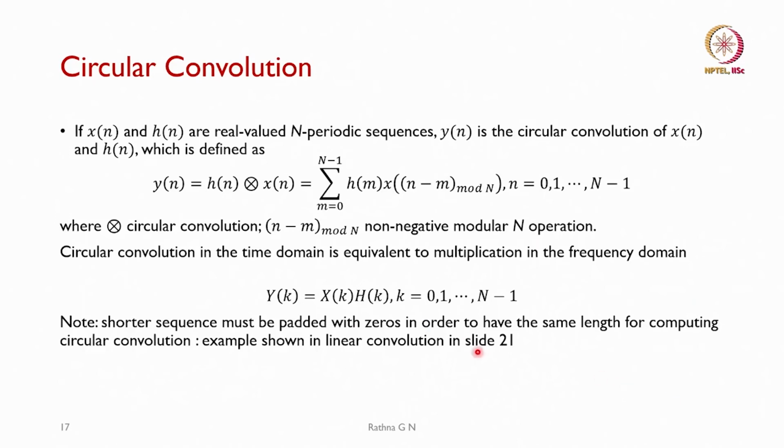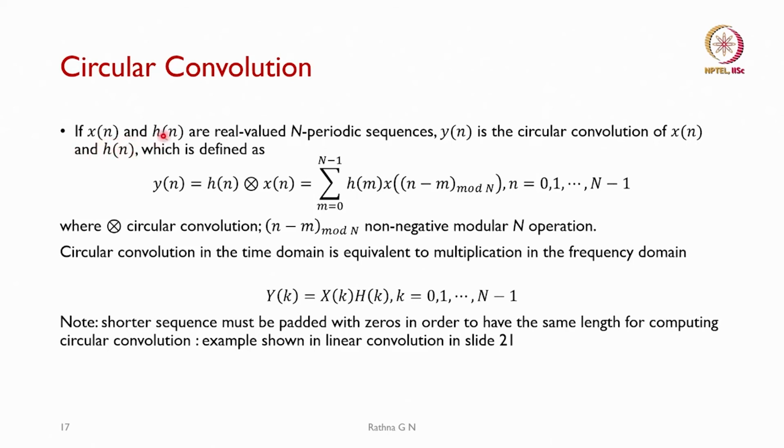So, now we said that the DFT is a periodic function. We will see how to calculate the circular convolution. All of you must be conversant with linear convolution and circular convolution. Usually the DFT will be represented as a circular convolution.